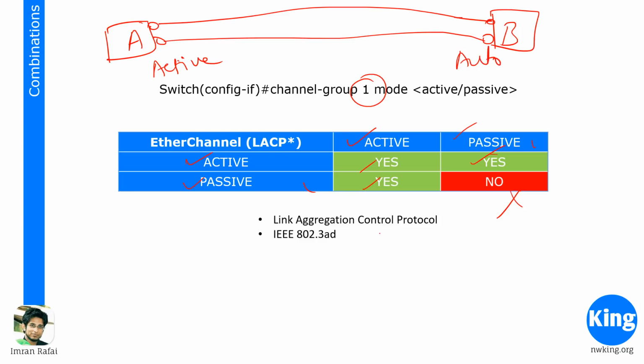If you have active here, it has to be either active or passive on the other side. That's when it will form an LACP link. If you have active and if you have auto or desirable, which is a PAgP one, it will not form ether channel, because LACP and PAgP are not interoperable, so they cannot talk to each other. So that will not form ether channel.